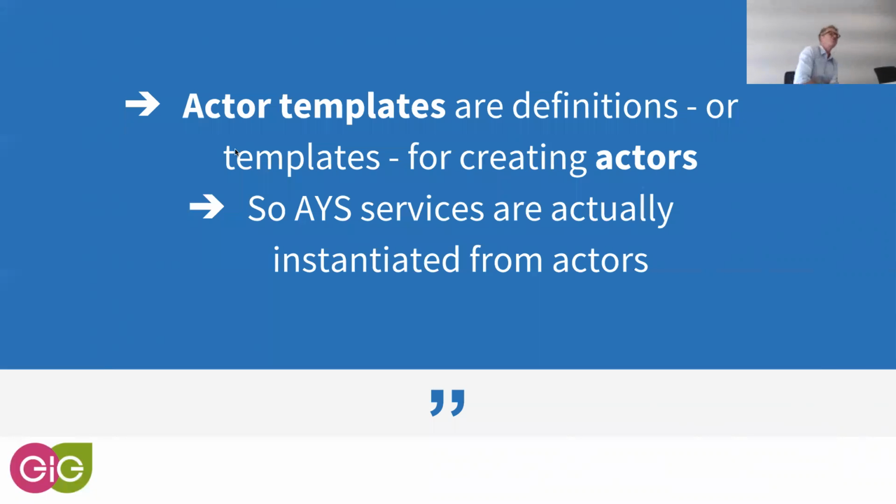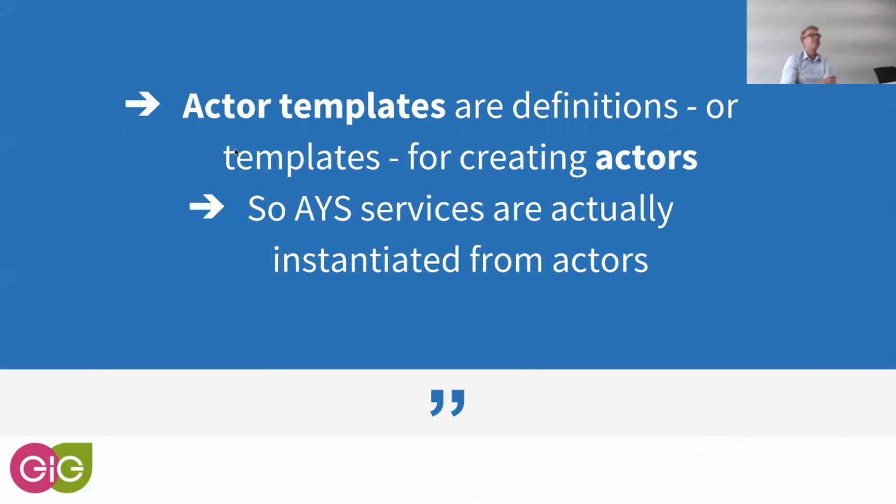Now, how do you create all that? So you have an AYS service that exposes actions that I can schedule to execute. But how are the AYS services created? Now, an AYS service is created from a definition, from a template. And we call that, what's in the name?